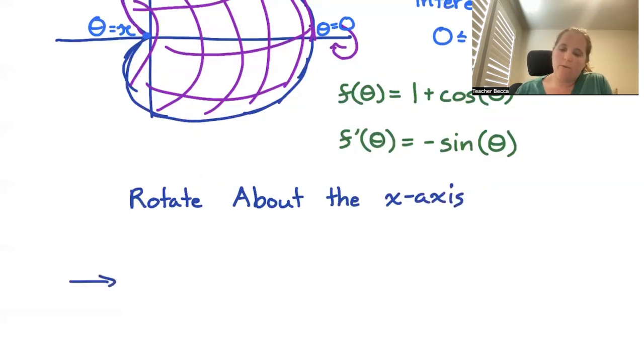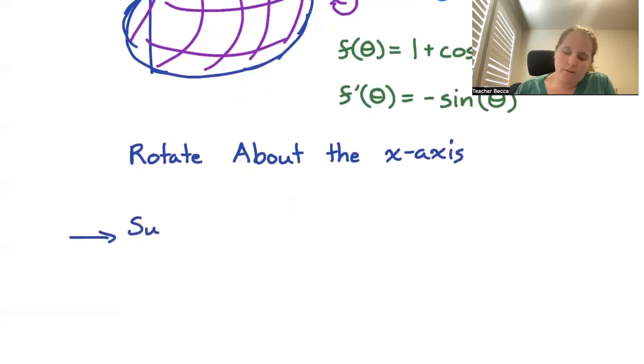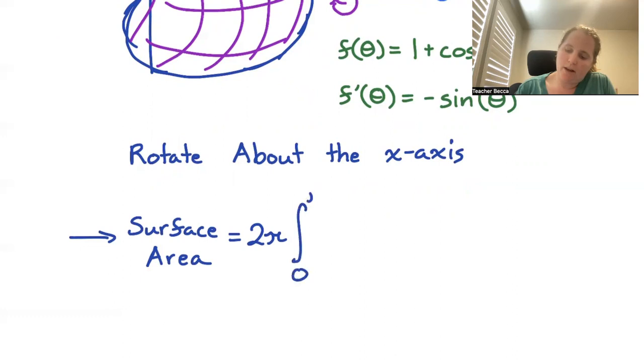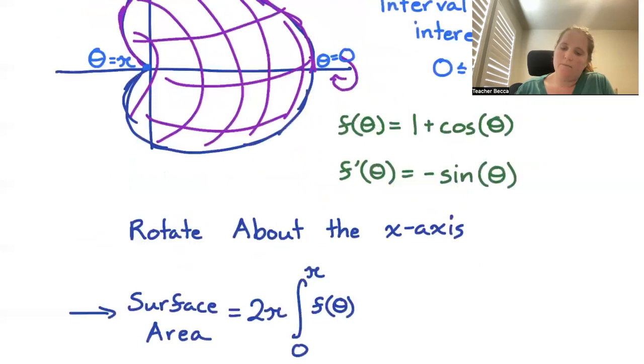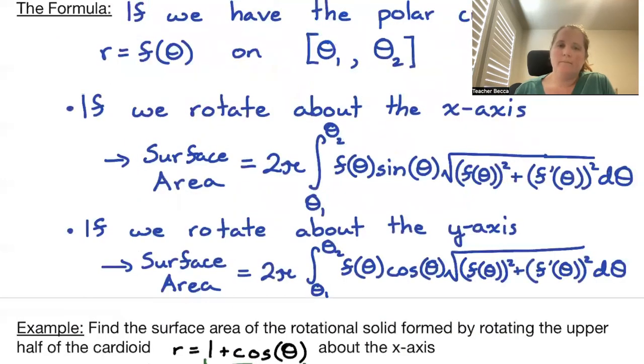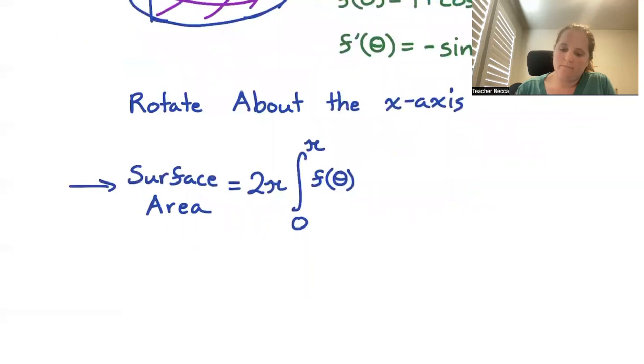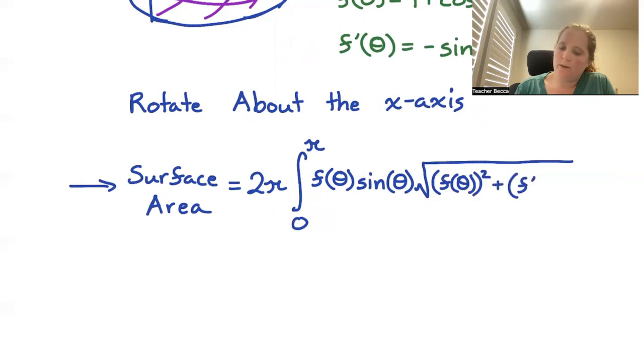So we have, therefore, the surface area is found by taking 2 pi times the definite integral from 0 to pi of f of theta times sine of theta times the square root of f of theta squared plus f prime of theta squared d theta.